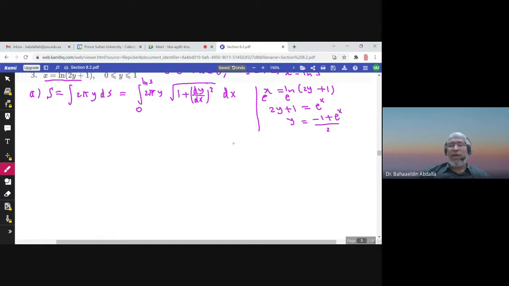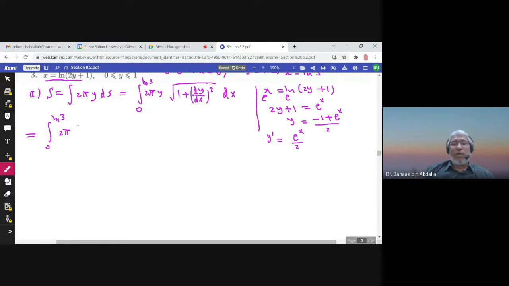And now y prime would be: the derivative of minus 1 is 0, it would be e to the x over 2. 2 is a number, just leave it. Find the derivative of minus 1 plus e to the x, which is e to the x. So the integral would be from 0 to ln 3 of 2 pi, y here also I cannot leave it, I have to write it as a function of x.